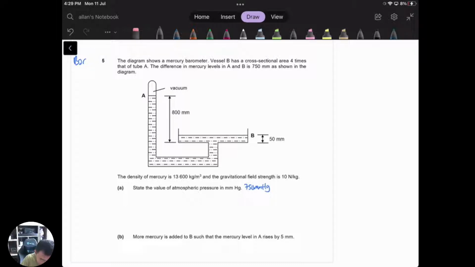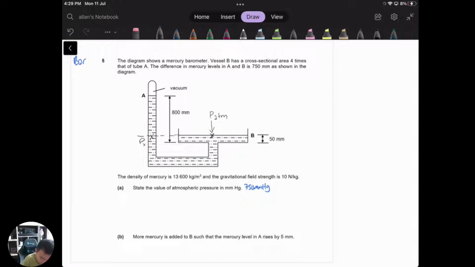First, you look at this point over here. This is where atmospheric pressure acts on. And since the mercury is not moving, we can easily just draw a horizontal line and argue that at the second x that I've drawn, the two pressures are the same. So pressure here and pressure here is the same.